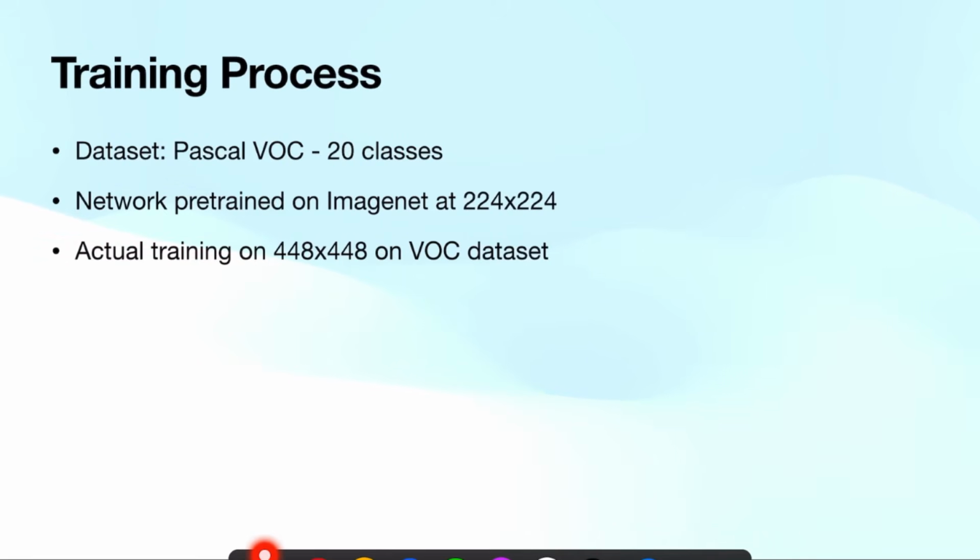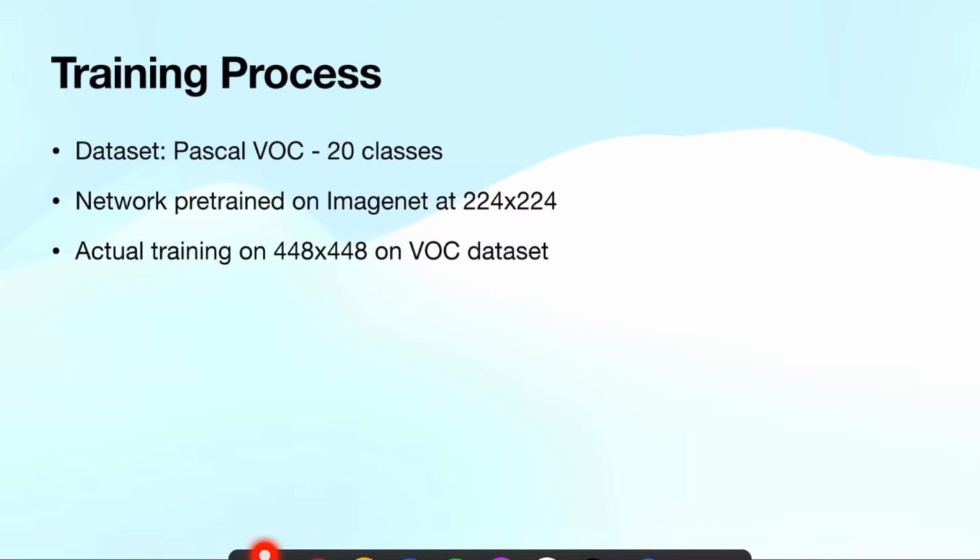As I mentioned earlier, the training used the Pascal VOC dataset, which has only 20 classes, and the network is pre-trained on the ImageNet dataset at 224 by 224. The ImageNet pre-training is for the classification task, not for object detection. Usually pre-training is performed to make the model learn features that are useful later, so this reduces the training time of your actual detector.